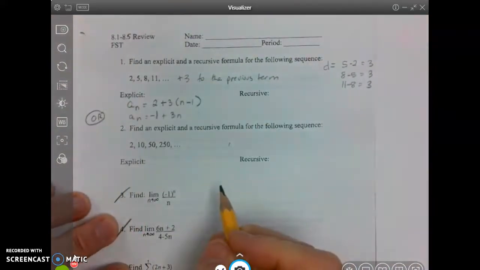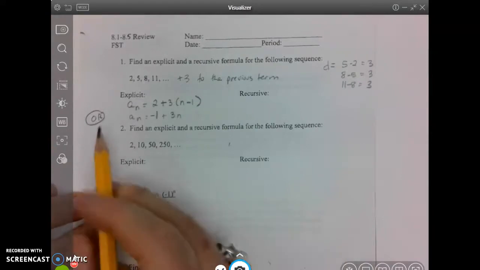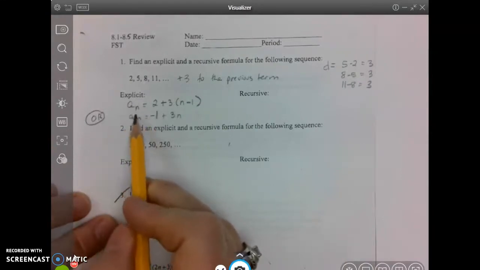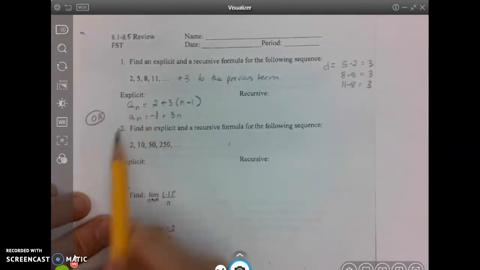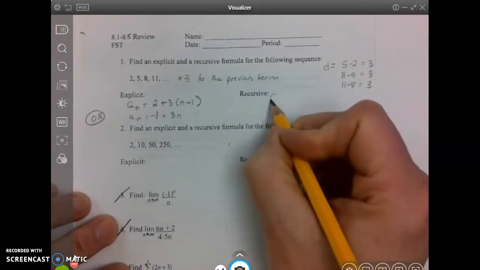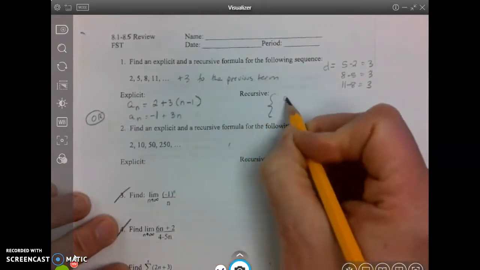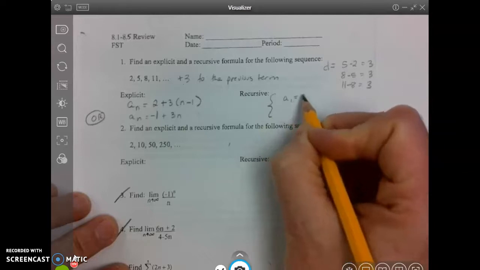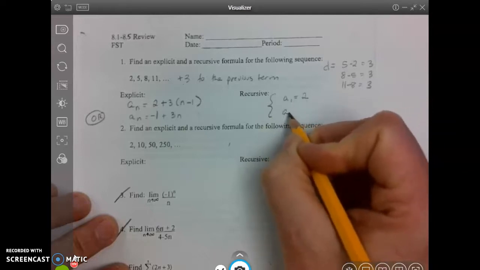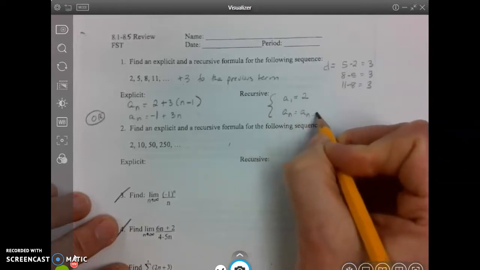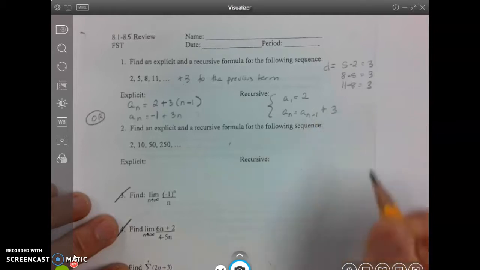So I could write it either way, one or the other. It's not these two together, it's just this one or this one. All right, recursively, I'm going to have a sub 1 is the first term, which is 2. A sub n is the previous term plus 3.